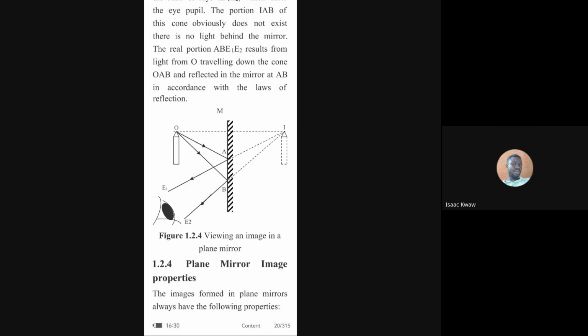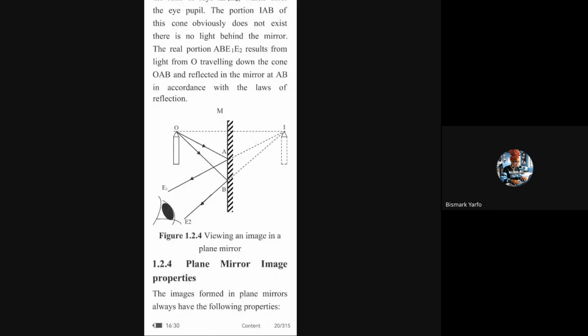Please spell it aloud. DIFFUSE. Okay, thank you.